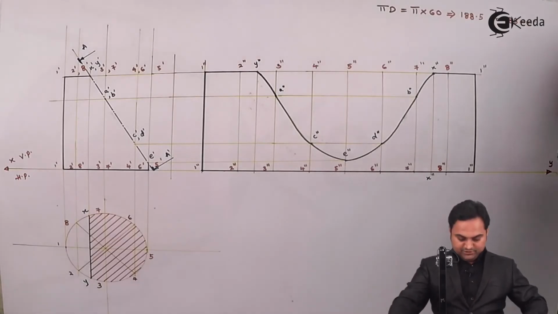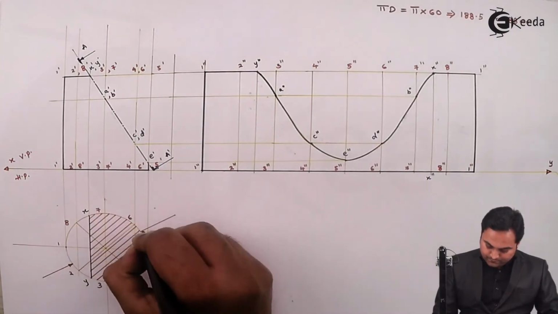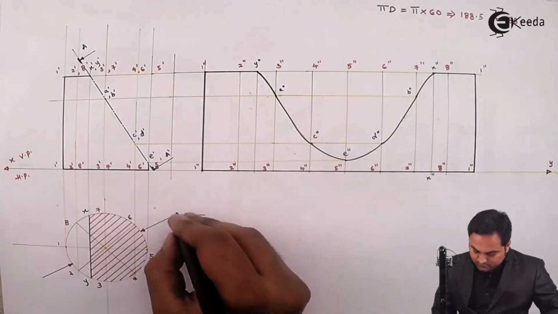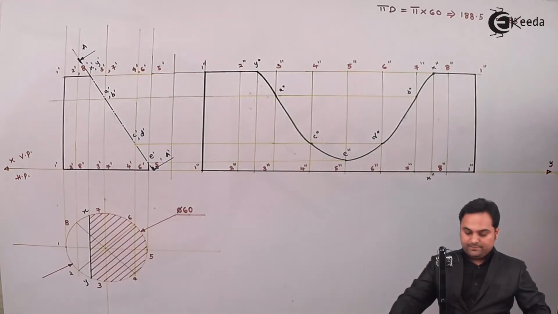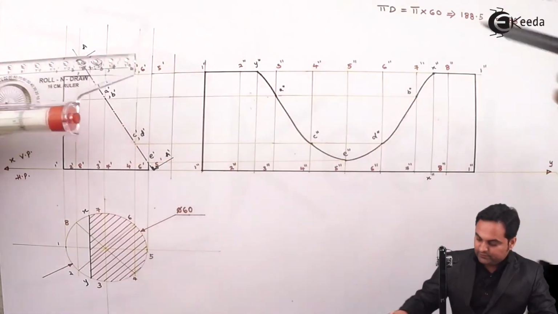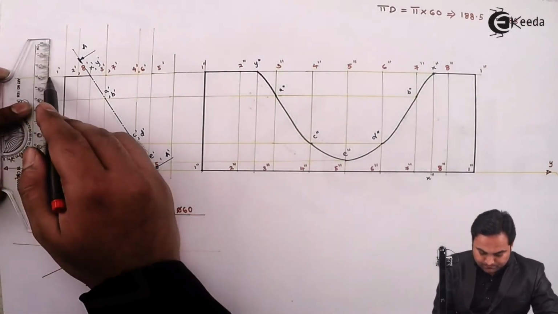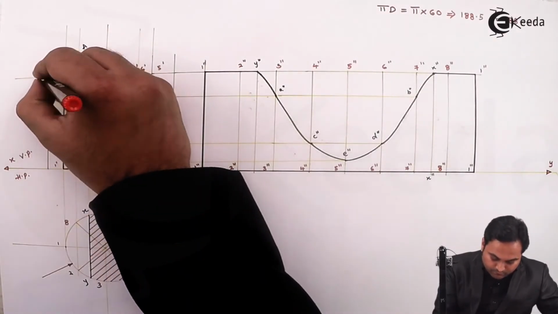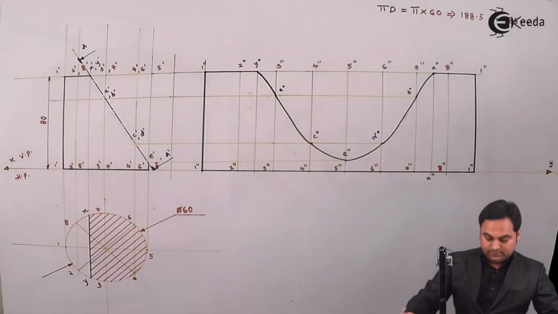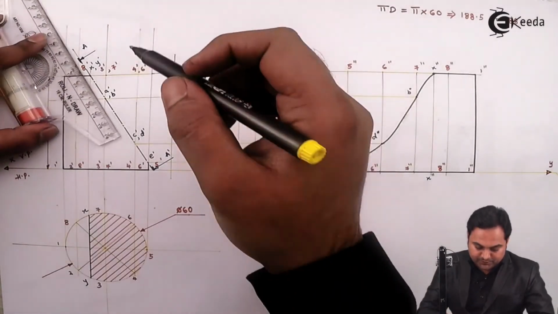Next, I'll give the dimensions. Diameter is 60 mm and the height of the cylinder was 80 mm, given. Then the cutting plane is inclined at an angle of 60° to HP, it was given.